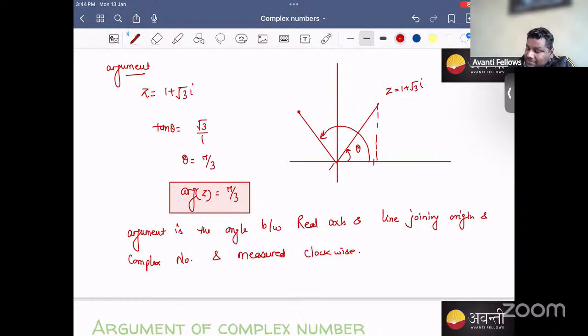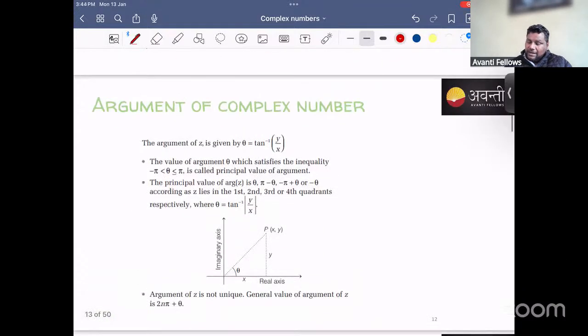So if a complex number is somewhere here, then either you take the argument this way, or you measure it clockwise and put an extra negative sign before that. Understood?